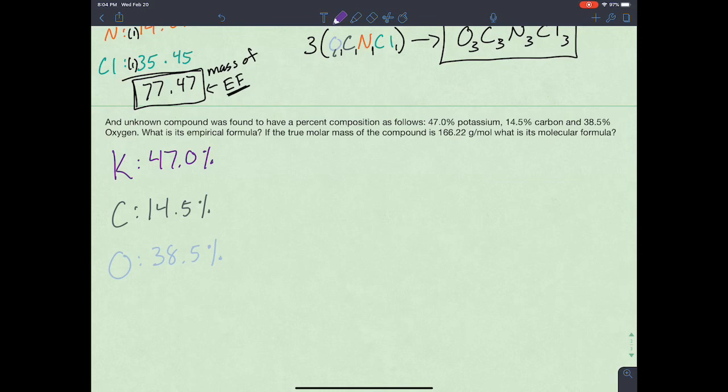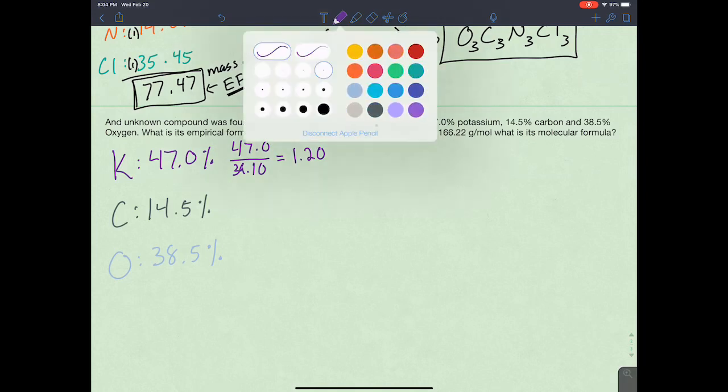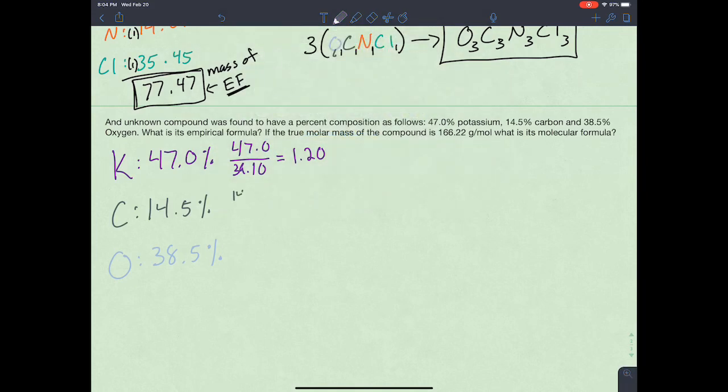So here I have a value of 47.0, and I'm going to divide that by the atomic mass of potassium, which is 39.10. Okay, and that's going to give me 1.20. All right, now I go on to carbon. So I'm going to divide 14.5 by 12.01, and that is going to give me a value of 1.21.